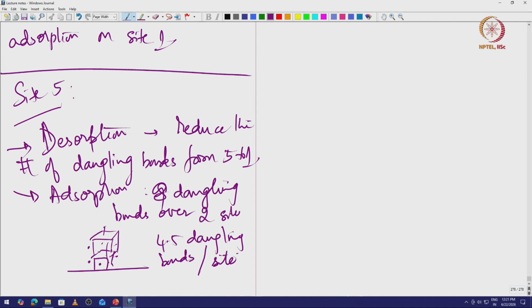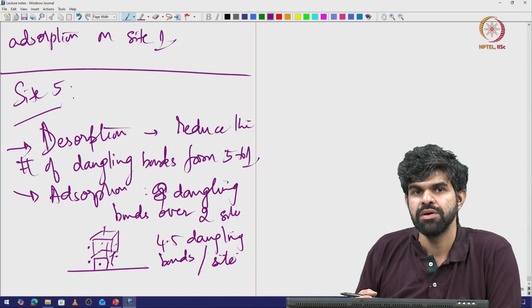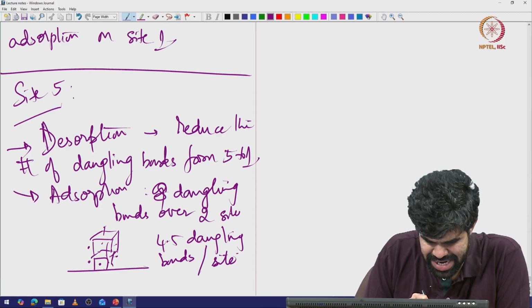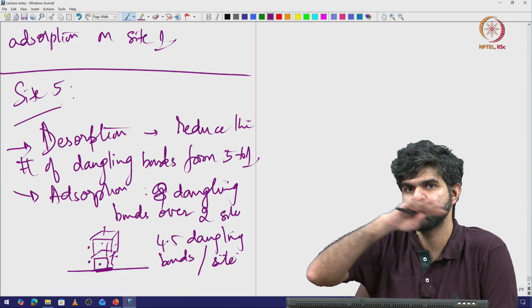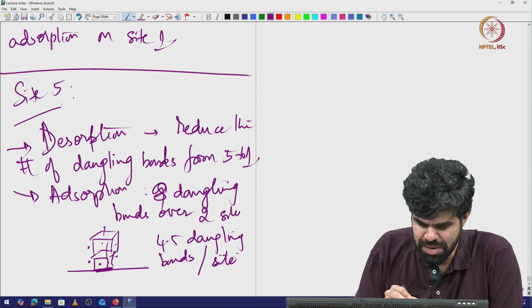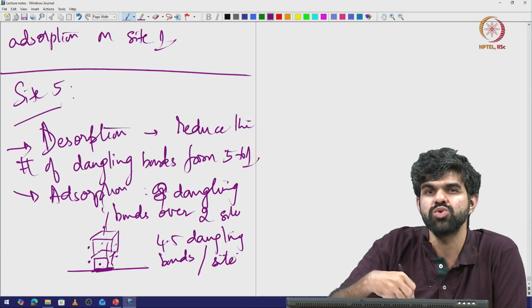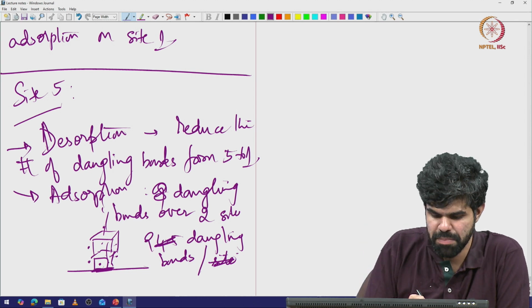Okay. That is all right, but in general, is this how you calculate? The site is still the surface site. This is the site that matters for me, because I am looking at the 0, 0, 1 surface. So 4.5 per site is correct, but per this site, I am just adding more and more atoms to it, I am increasing the total surface. So I am actually creating 9 dangling bonds per this site.